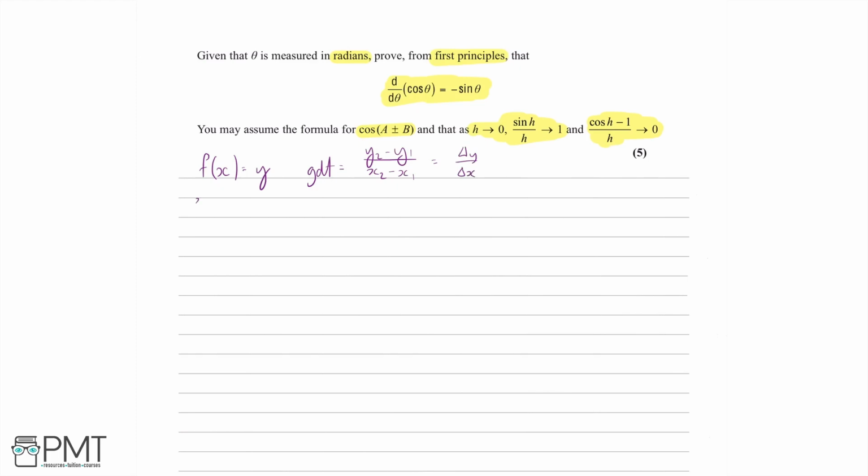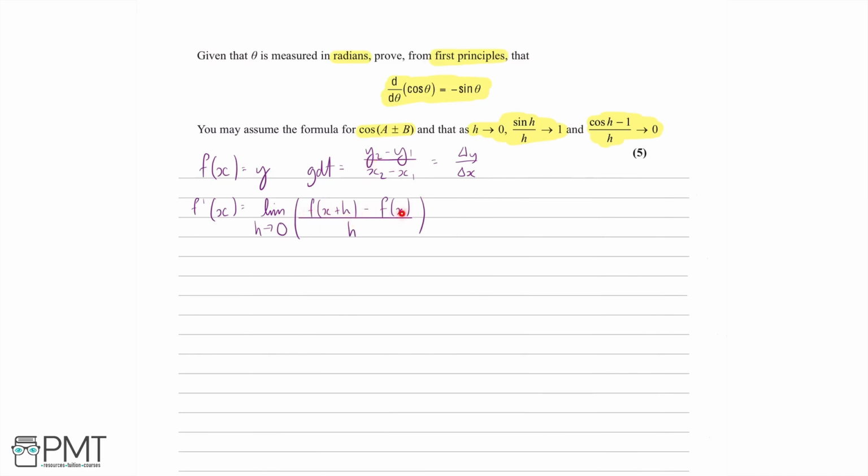Now, for the derivative, say f dash x, the formalism we use is that we think about the limit as h approaches 0 of f of x plus h minus f of x over h. So you can think of f of x as original y point and f of x plus h as our second y point.